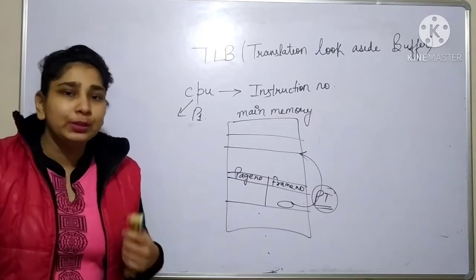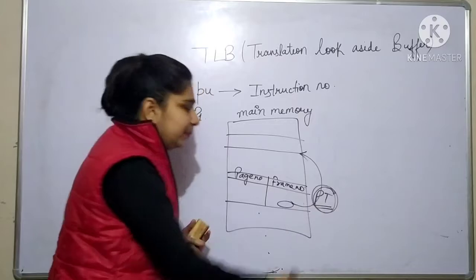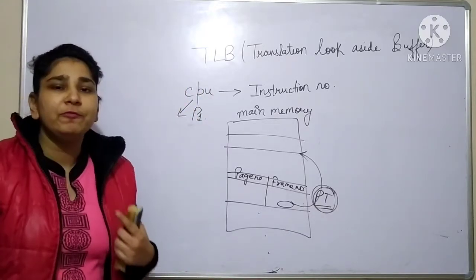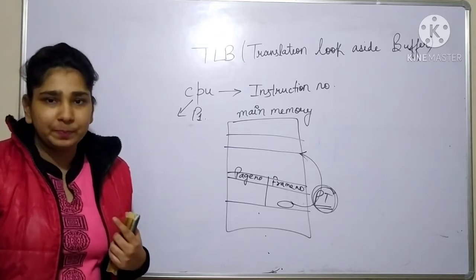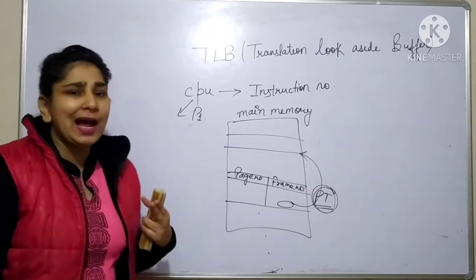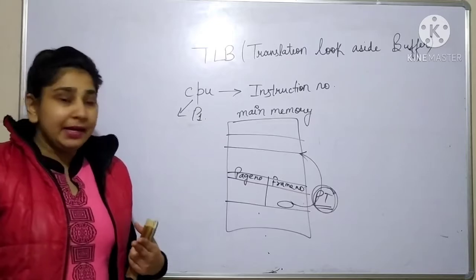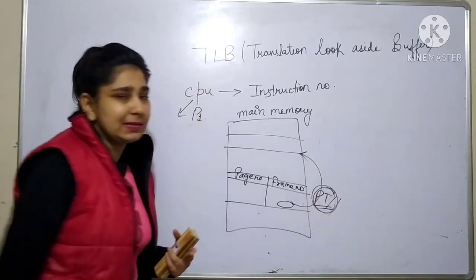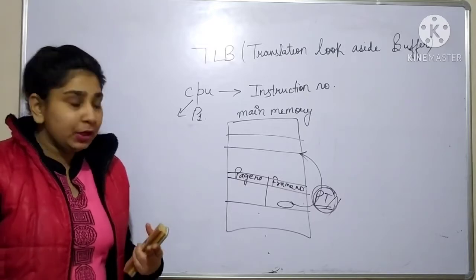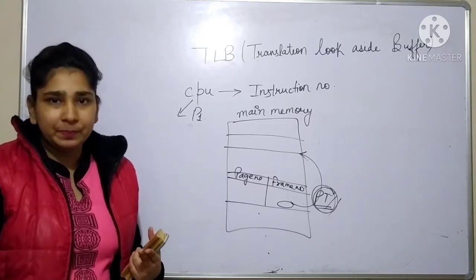So what do we do then? We make one more page table, so that we can reduce the total number of main memory accesses. If you have watched my last video on multi-level paging, we made multiple levels of page tables to reduce the total number of main memory accesses.